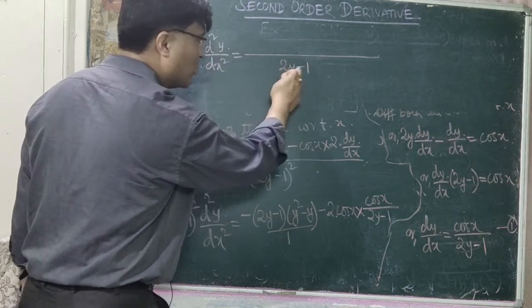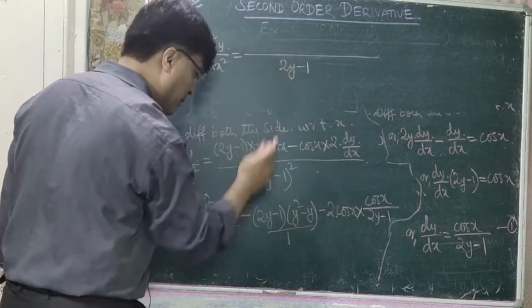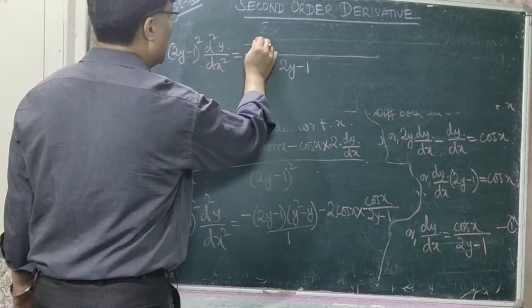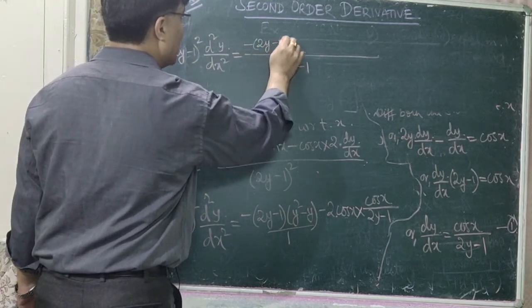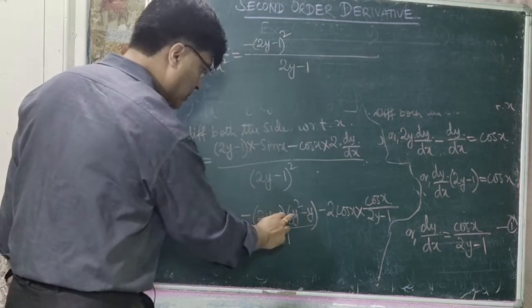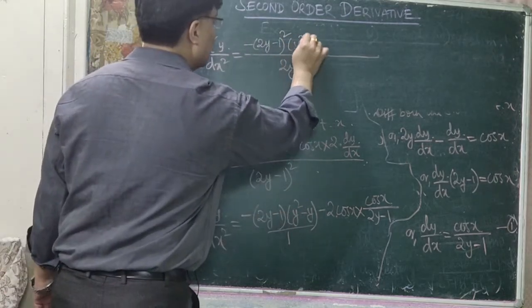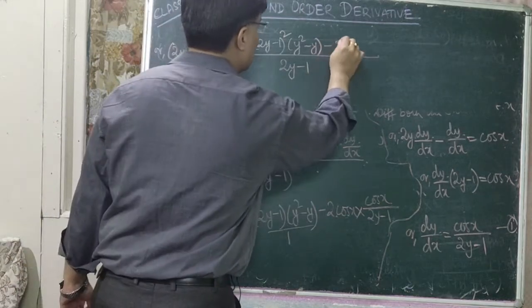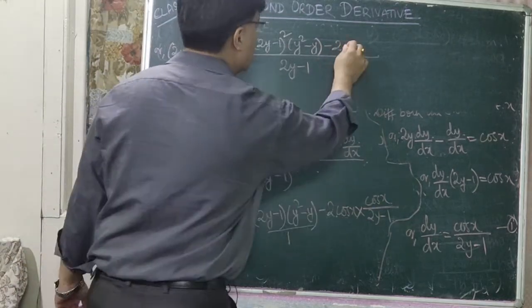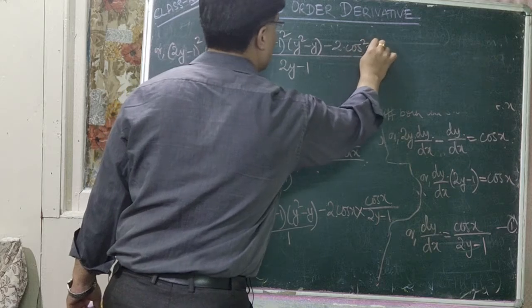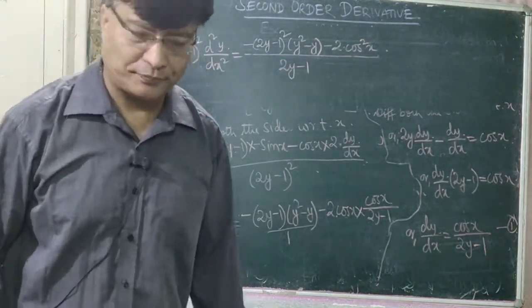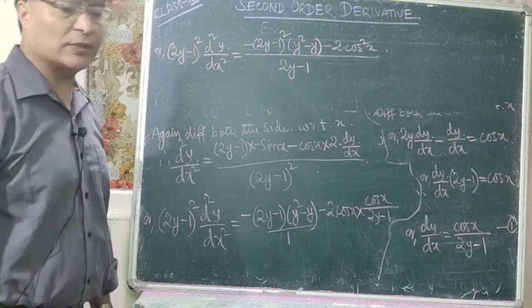That means you will get 2y minus 1 and it should be multiplied by minus 2y minus 1 into y square minus y. So that is minus 2y minus 1 whole square, then y square minus y, then minus 2 into, what is cos x into cos x? That is your cos square x. Is that clear to all of you? So I think you have understood it.